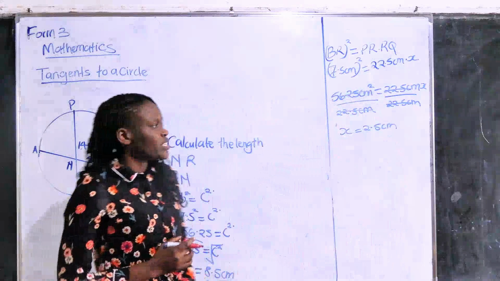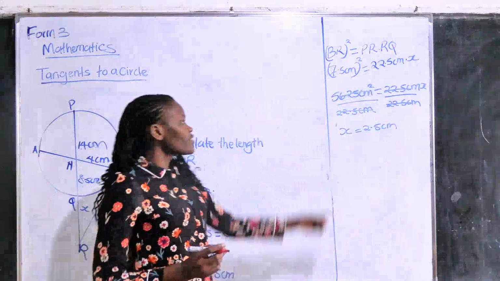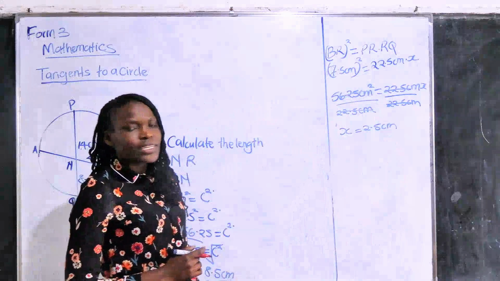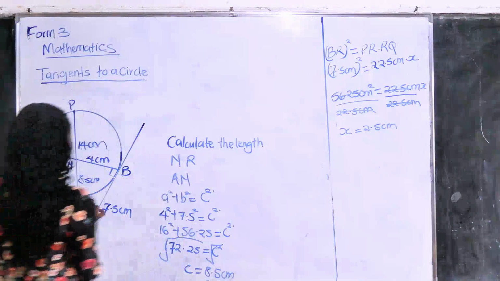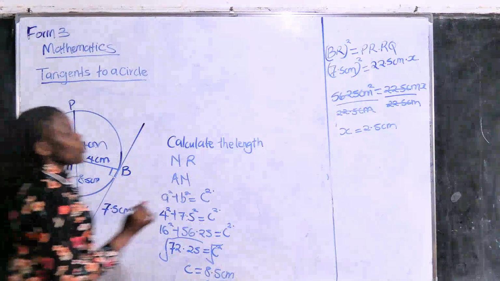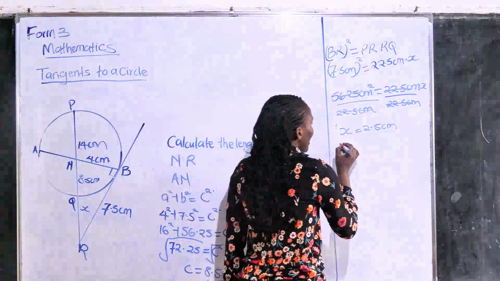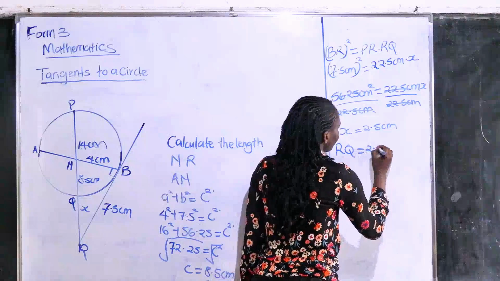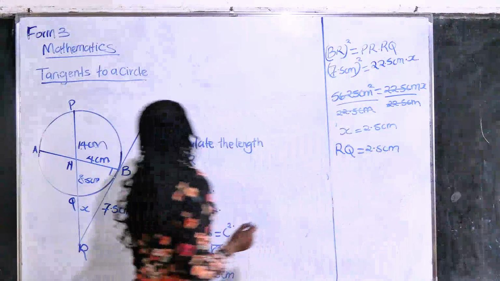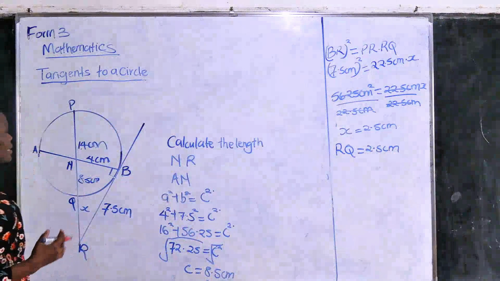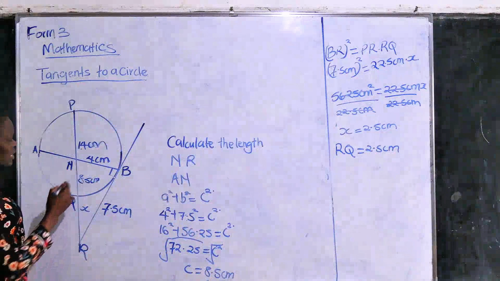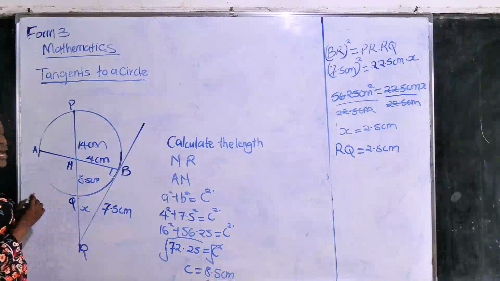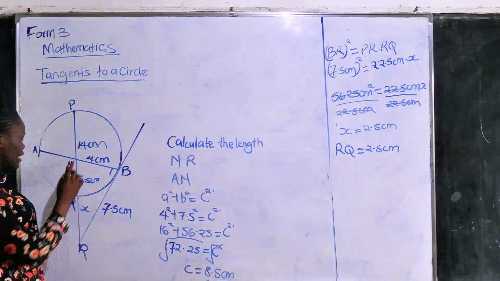That is QR, so RQ is equal to 2.5 centimeter. Now I can easily find the length NQ.